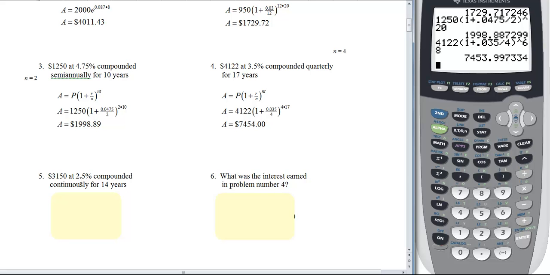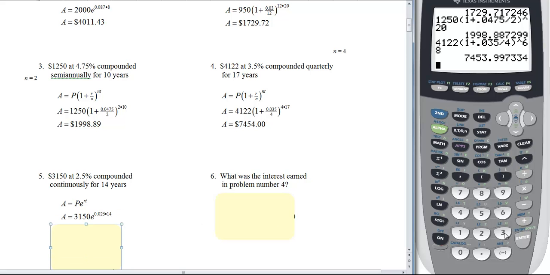So, $3,150 at 2.5% compounded continuously for 14 years. I have to use my continuous compounding formula. So $3,150 would be here times E, interest rate 0.025 times 14.